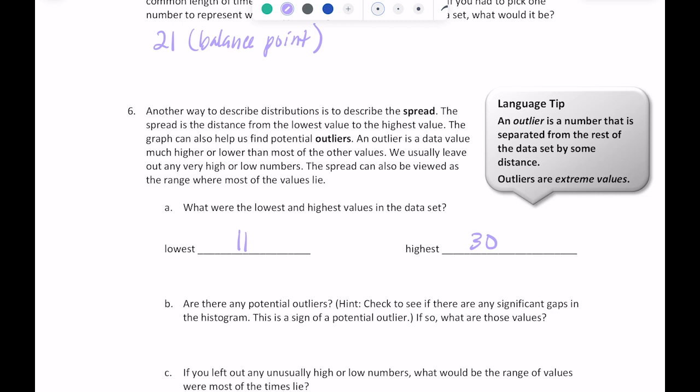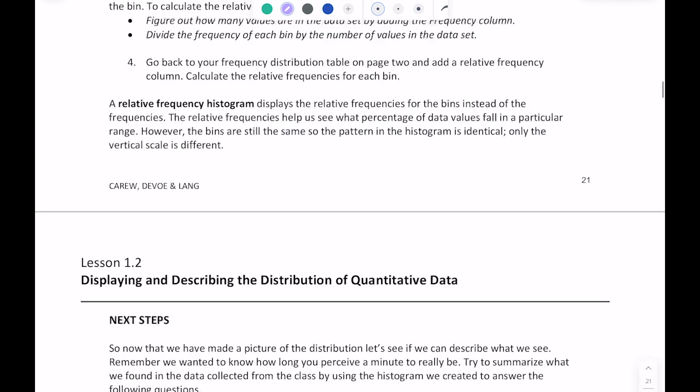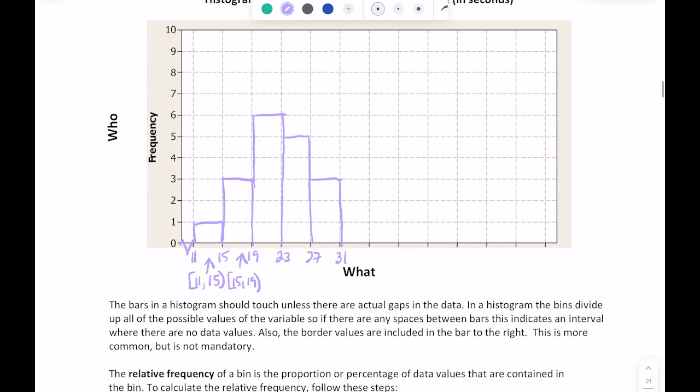Now, are there any potential outliers? If there's any gaps in the histogram, that could be an indication that there's an outlier. There's actually a mathematical way that we can figure out outliers, but we will learn that in section 1.4. So we're not ready for that right now. But as you can see from the histogram, there really are no gaps.